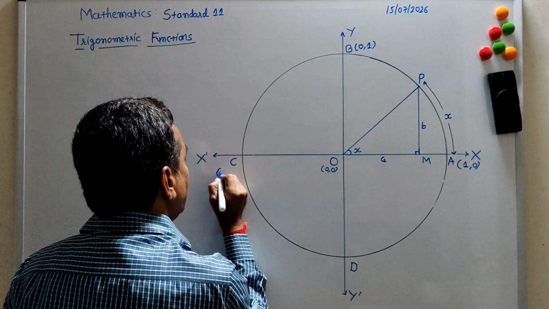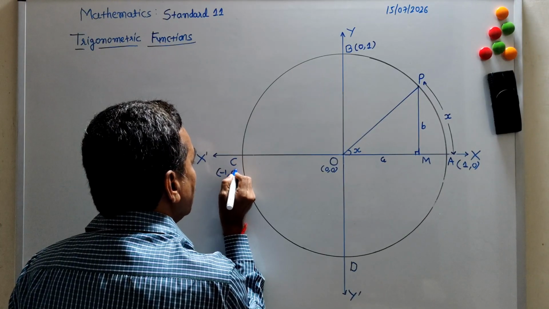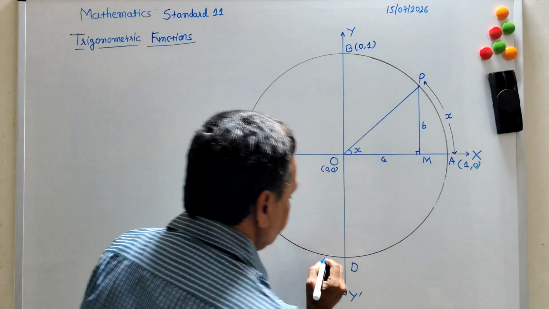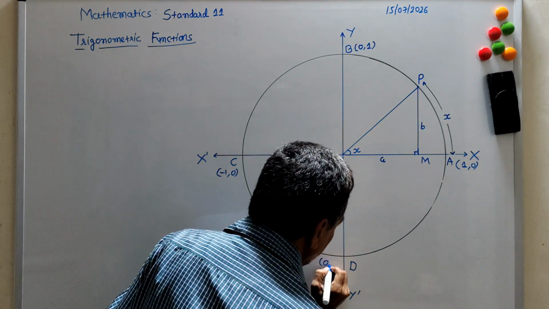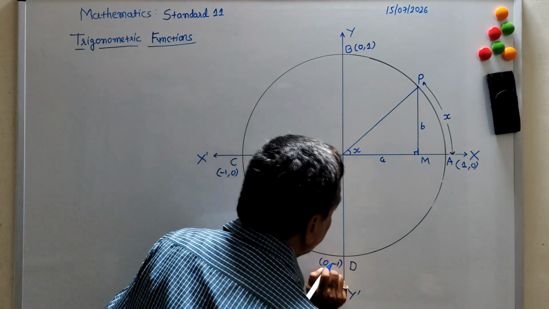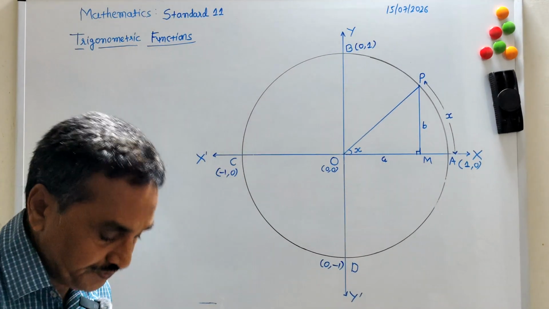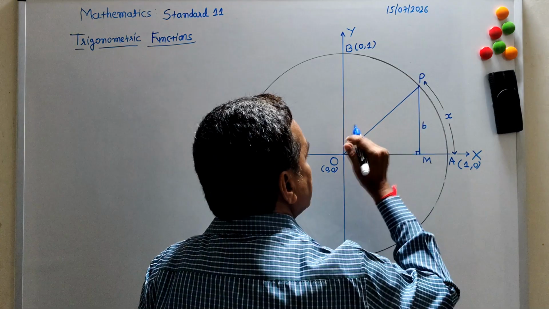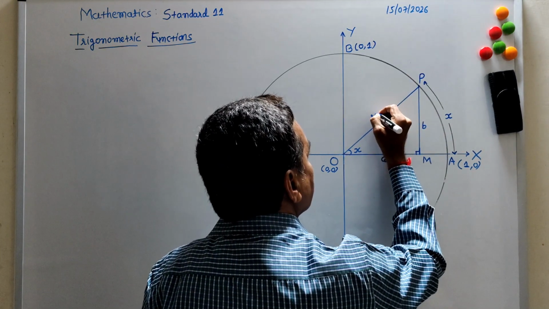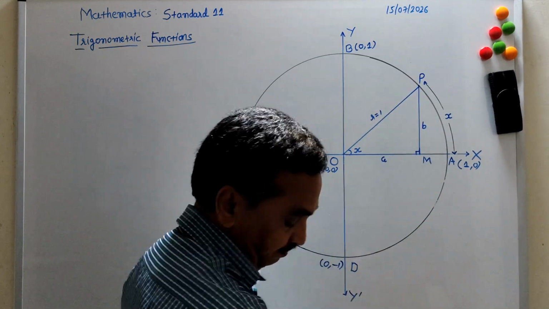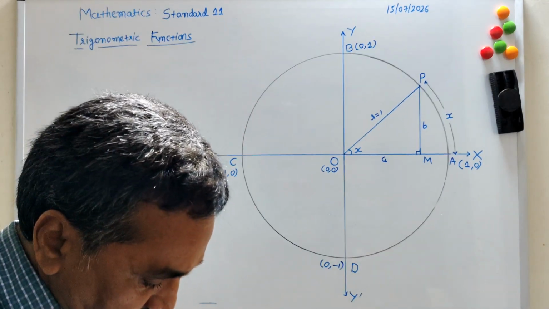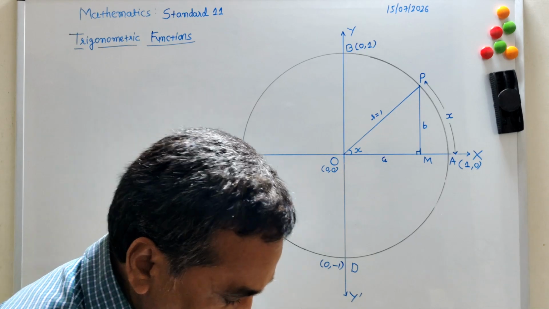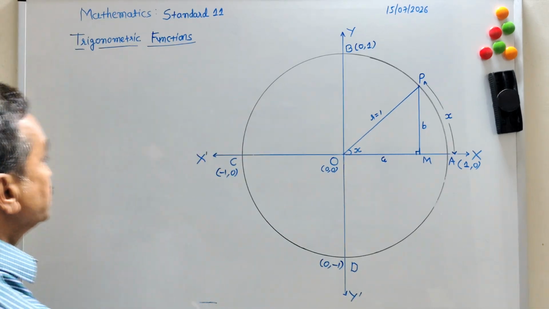So X is -1, Y is 0, and here X is 0 and Y is -1. So this is R equal to 1. This is angle x.